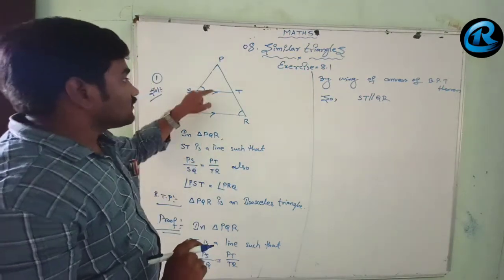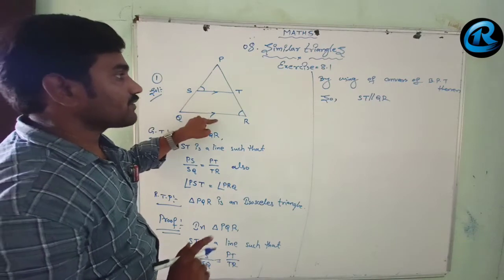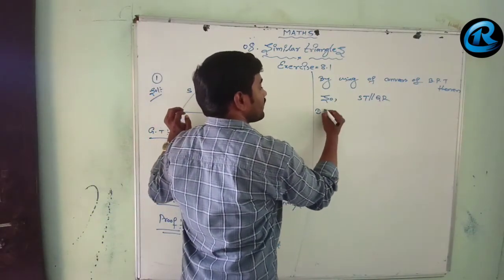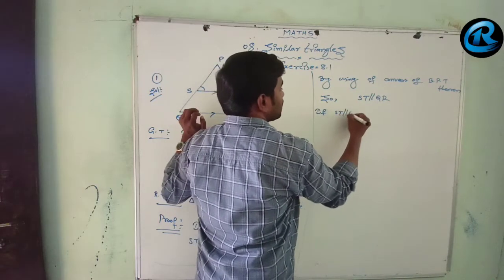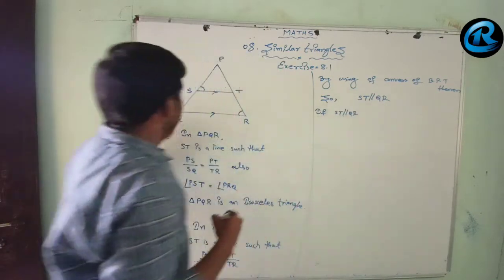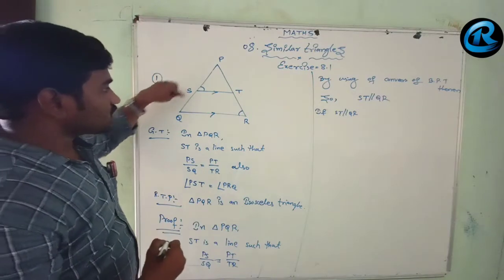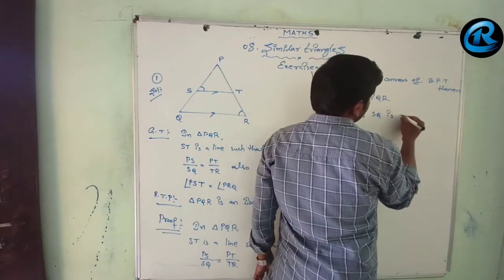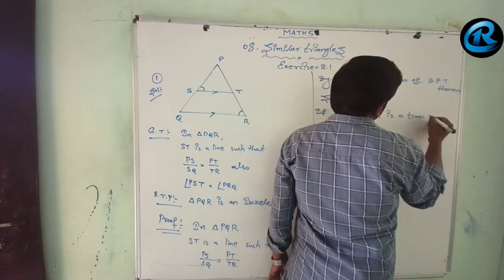So if these two lines are parallel, if ST is parallel to QR, then here SQ is a transversal.